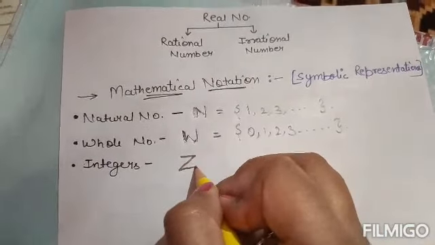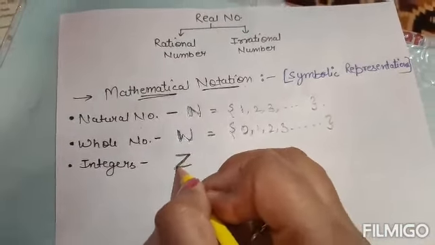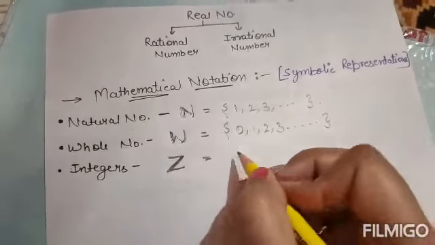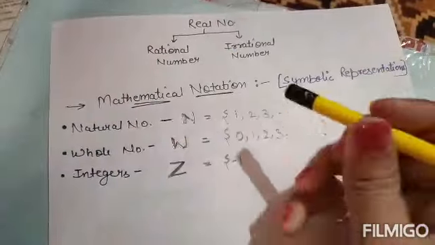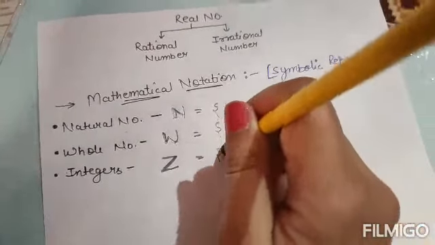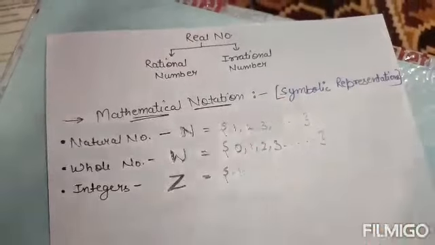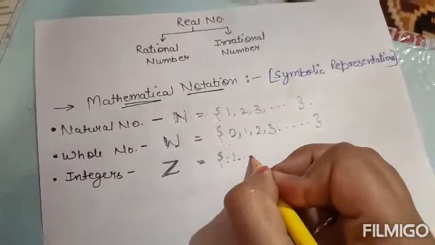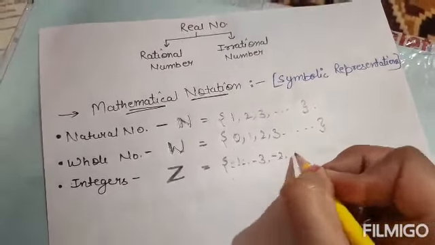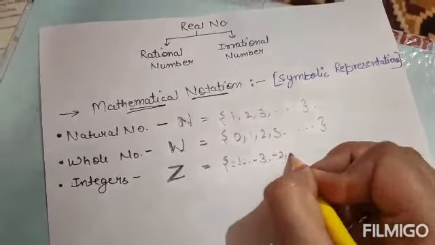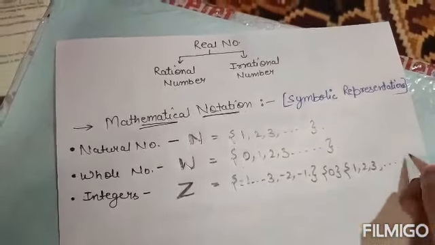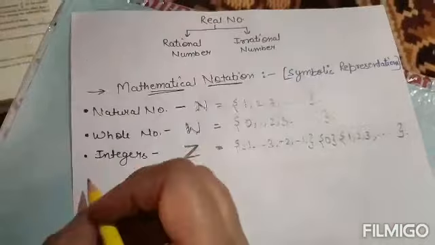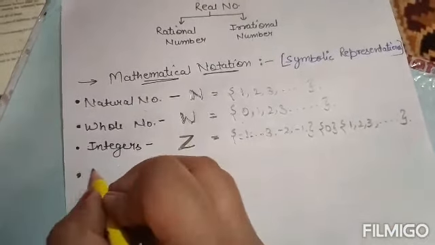Integers are denoted by capital Z, and this line is bold, which includes -3, -2, -1, 0 and all positive numbers, and so on.